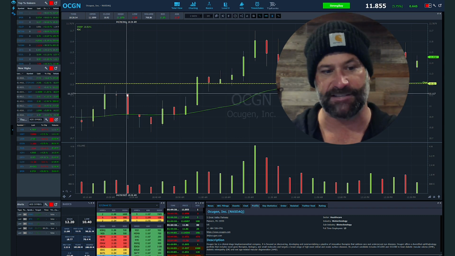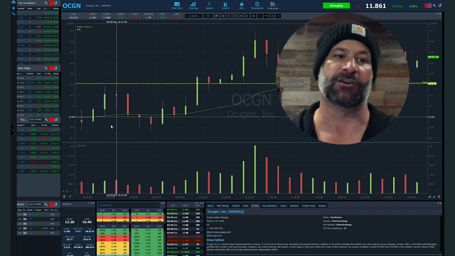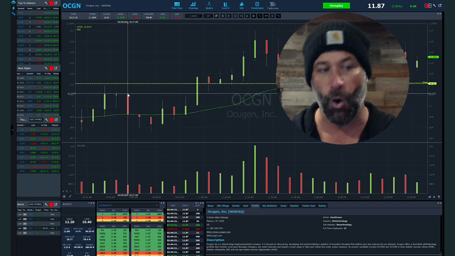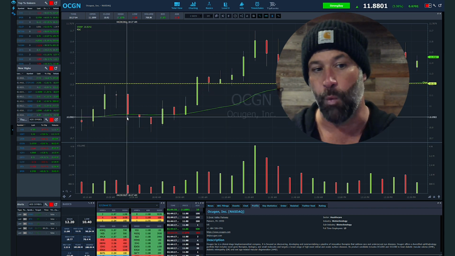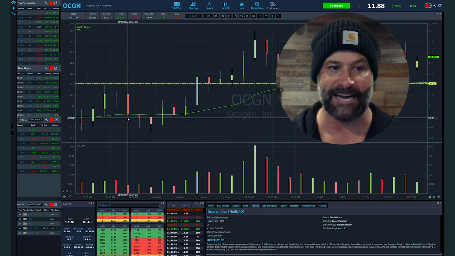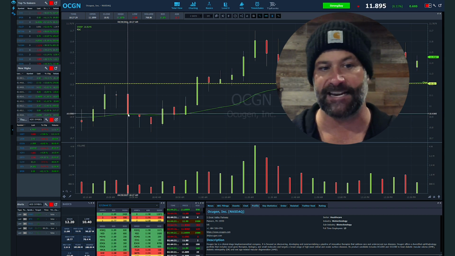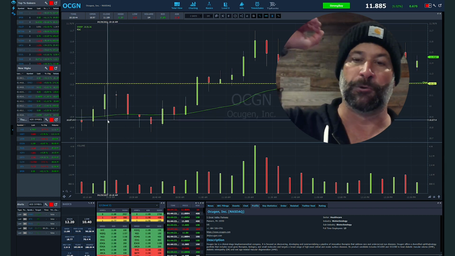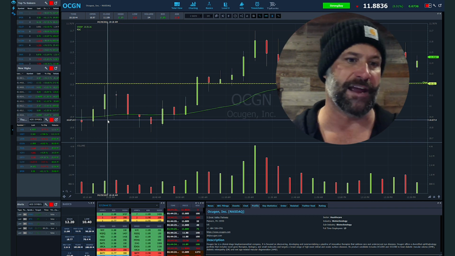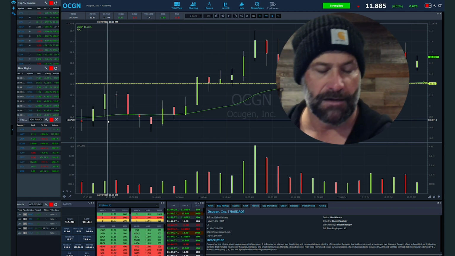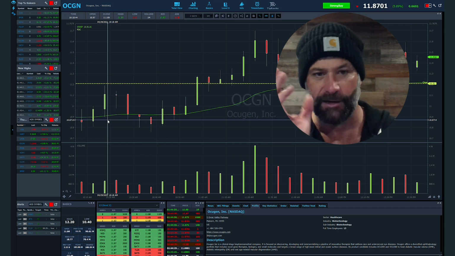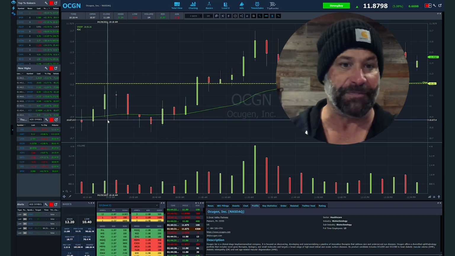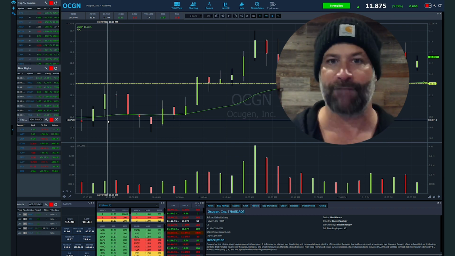Then let's jump ahead to the 1030 candle. And you can see this candle opened at 1111, went as low as 1089, and then closed at 1093. So that candle opened lower than it closed, so it's red. So that tells you with one quick look what that stock did in that 5-minute period.